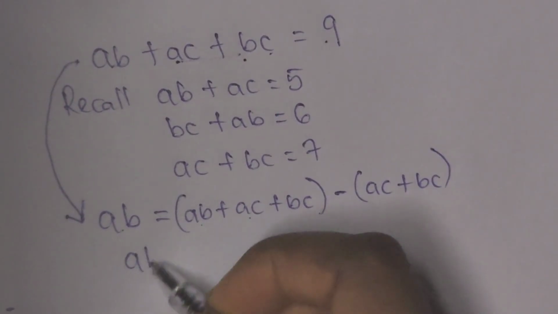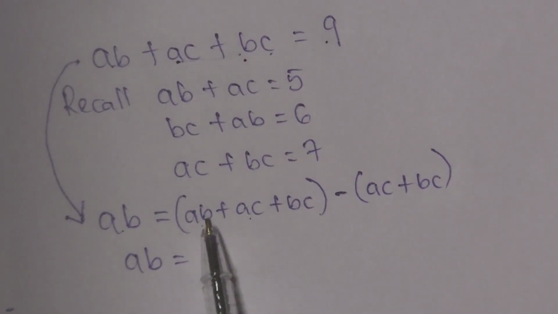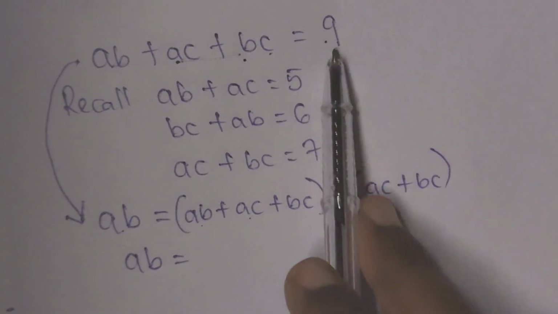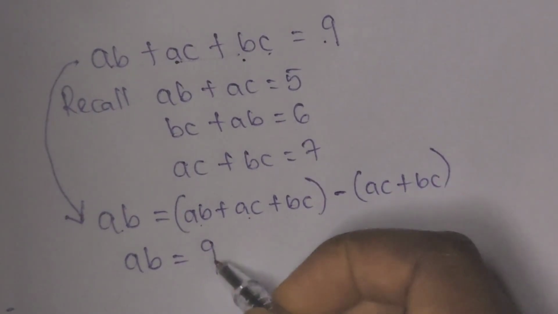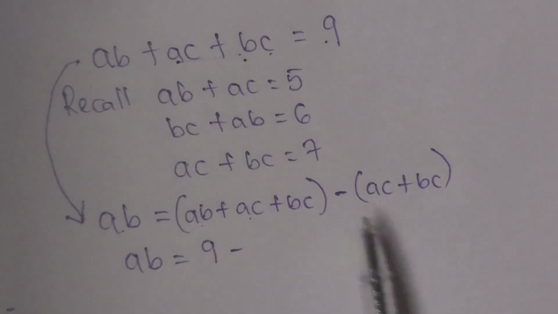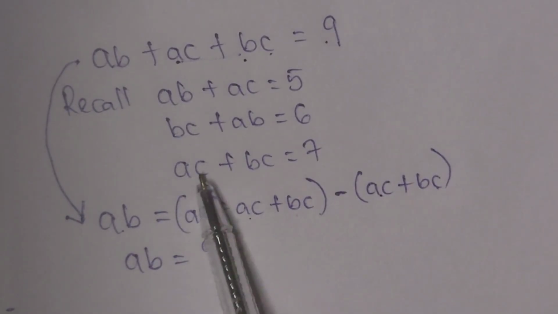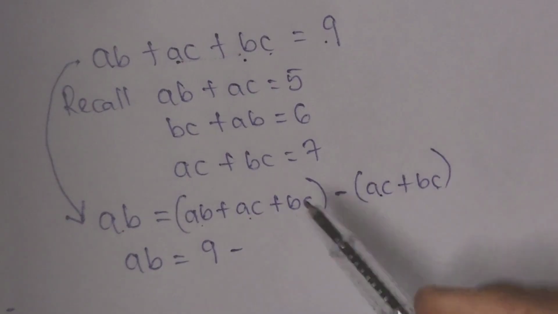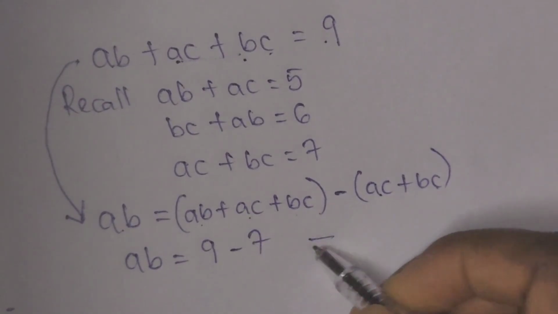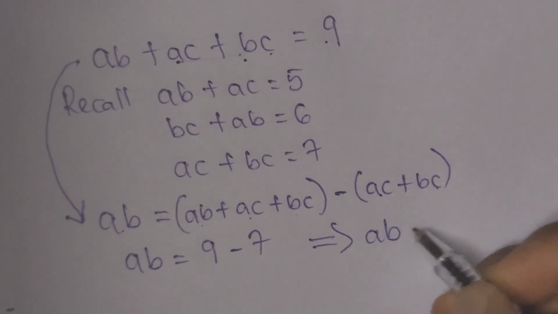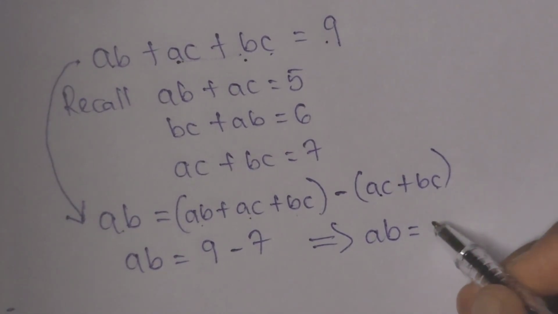So our AB will be equal to 9 minus, then our AC plus BC, which is equal to 7. This implies that AB is equal to 2.